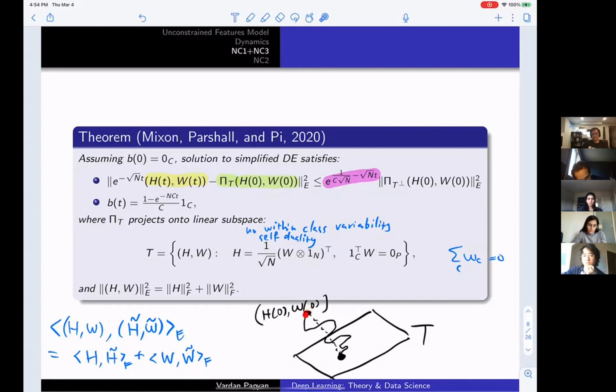So this is the initialization, this is the subspace, this is the projection onto the subspace, and you're converging to this projection rapidly. Now, why would we want to converge to this subspace? Does anyone have any intuition?